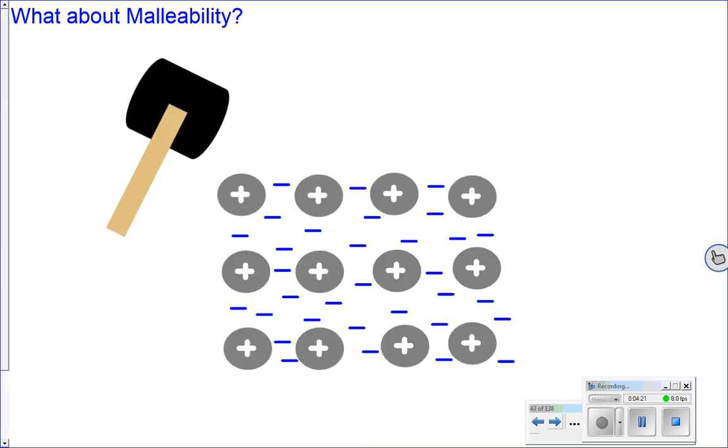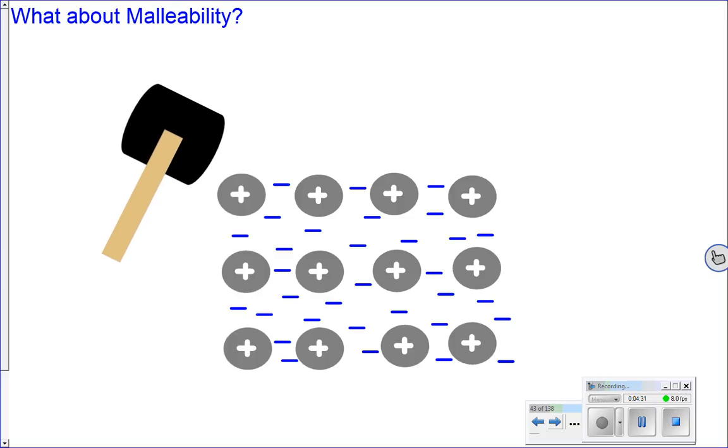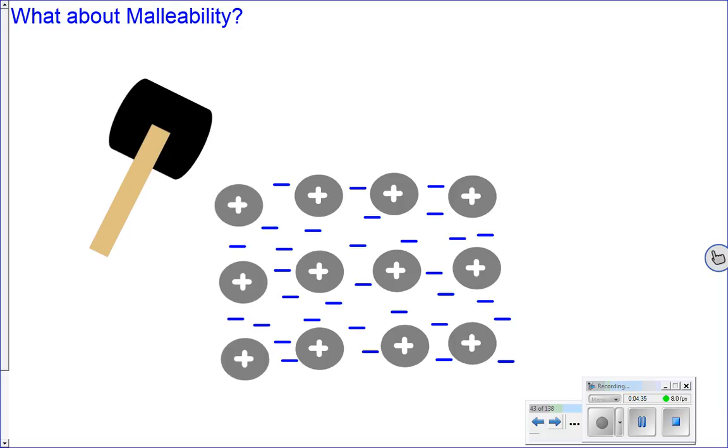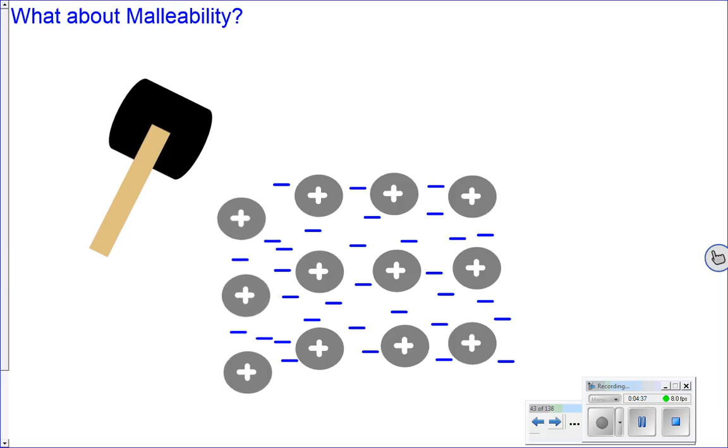Malleability. We talked before about how if you strike an ionic compound and you disturb that crystal, you have a lot of repulsion, which is why ionic crystals are brittle. If you were to take a hammer and pound on a metal, and you move this cation a little bit, it won't cause that much repulsion because you still have this cushion of negative charges that remain between those individual cations.